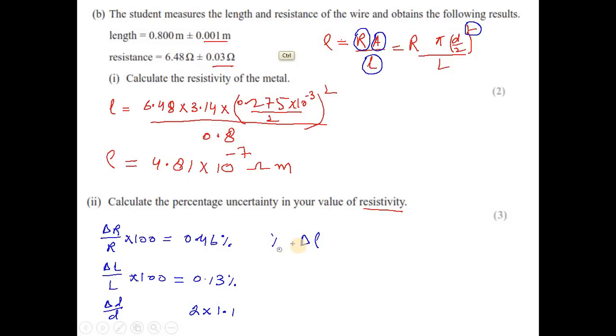The percentage uncertainty in rho would be equal to 2.8%. You need to add all these to get the percentage uncertainty. That's your answer.